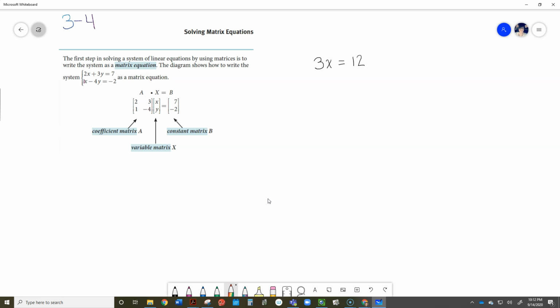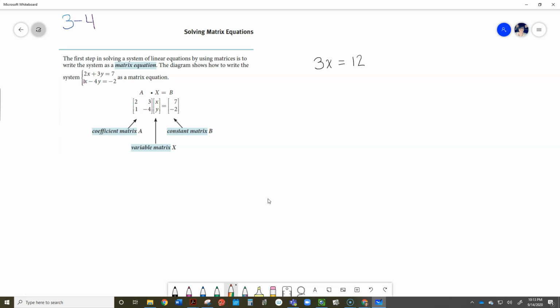If you don't understand why these are constants, it's because they're numbers that are not associated with a variable. As we plug in values of x and y and do the multiplication, that 7 stays a 7. Why? Because it's not associated with an x or a y. So it's a constant 7, and that's what we're calling matrix B. So setting them up is the first step. Always the first step is being able to create this matrix equation and know all of the vocabulary, okay?